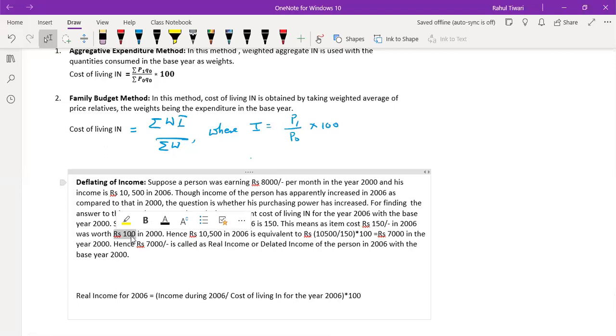But the cost of living index number has now become 150 rupees, meaning the cost of living number has also increased. Hence 10,500 in 2006 is equivalent to 7,000 in 2000.